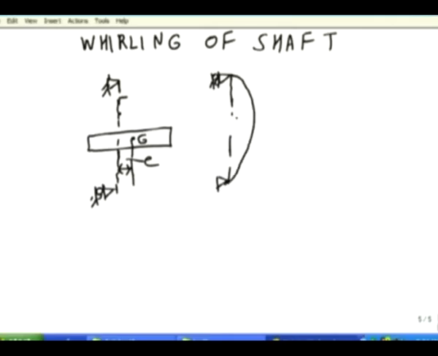Therefore, the rotor may move here. This is G and this is E, and let us say this distance is R.